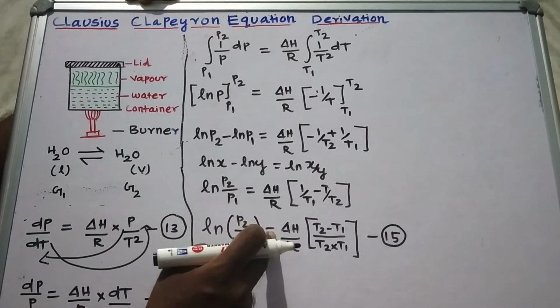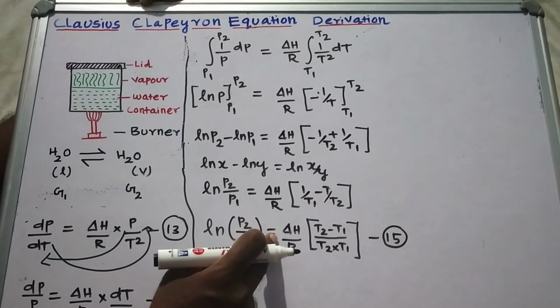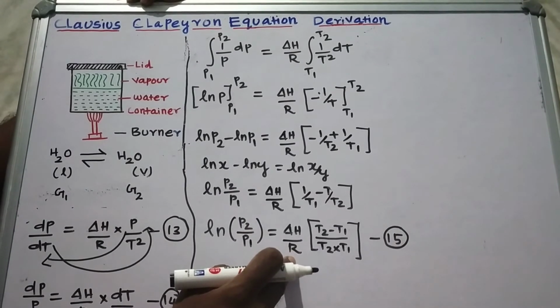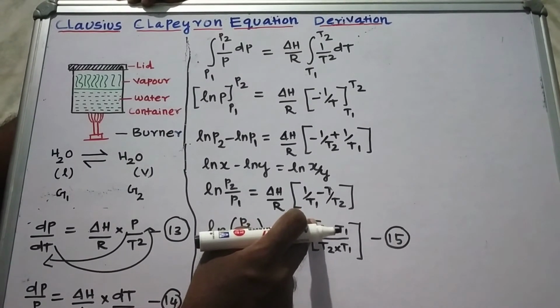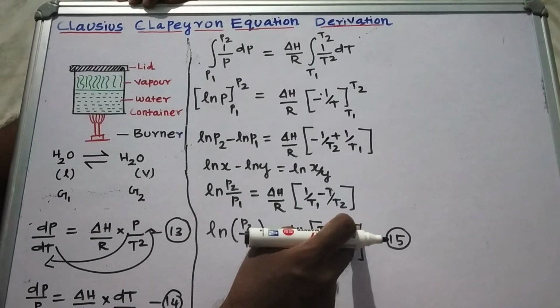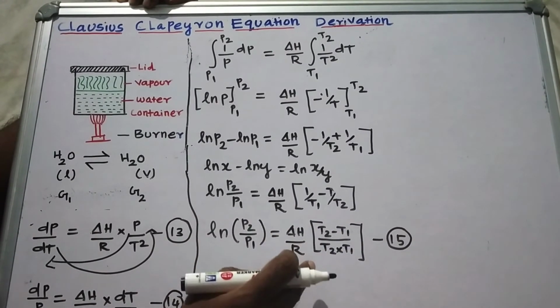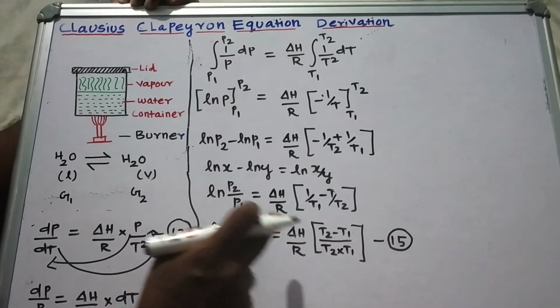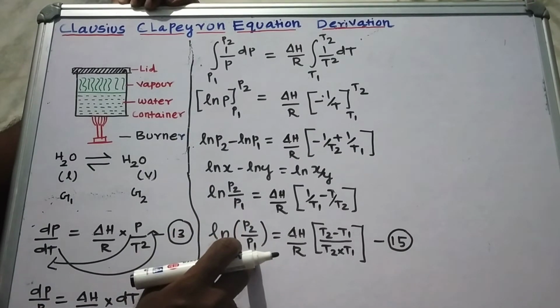ΔH is the enthalpy of vaporization, and R is the gas constant, where T2 is the final temperature and T1 is the initial temperature. So if we know T2 and T1, we can easily find P2 and P1.